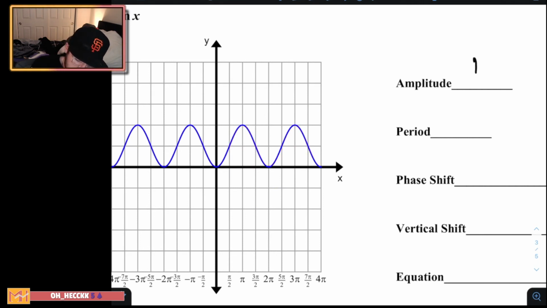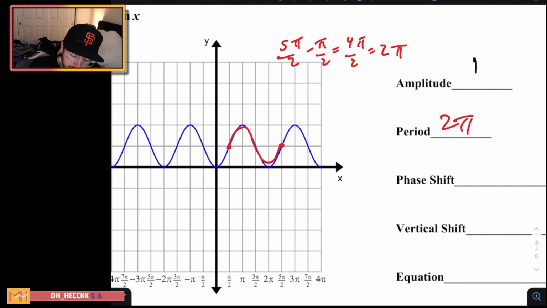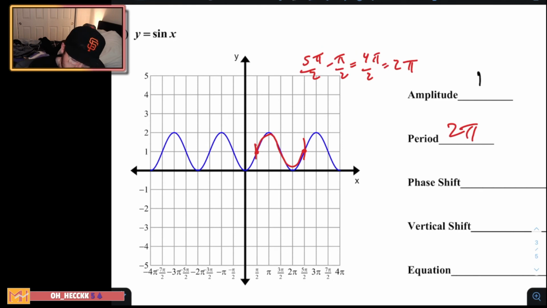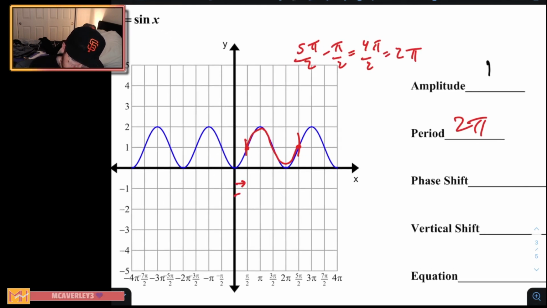So the period here is starting at pi over 2 and ending at 5 pi over 2. 5 pi over 2 minus pi over 2 is 4 pi over 2, which is 2 pi. Our period is 2 pi long. That's the distance between these two points. Our phase shift, it moved to the right, pi over 2.